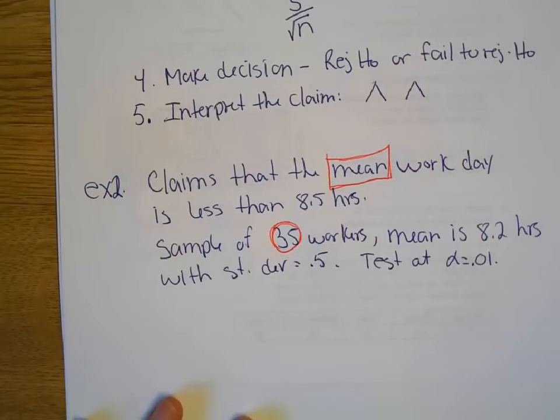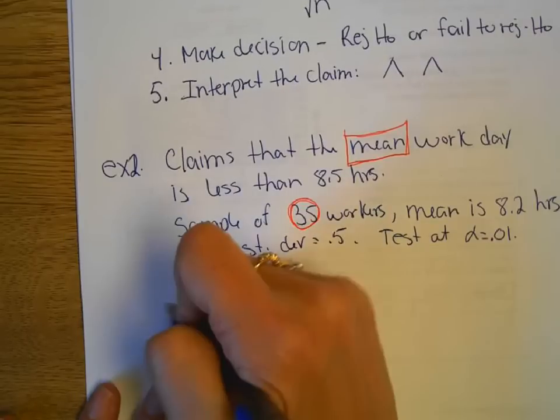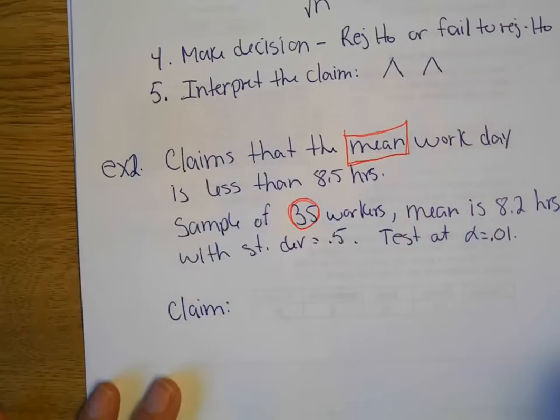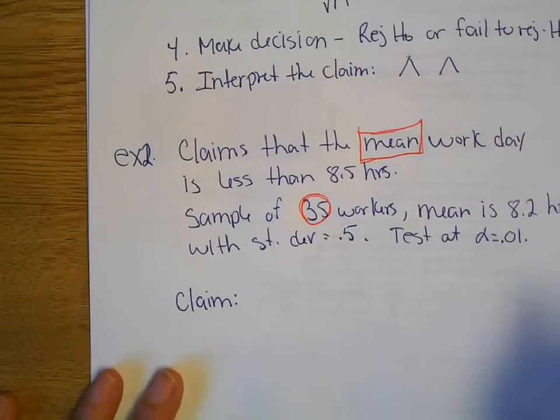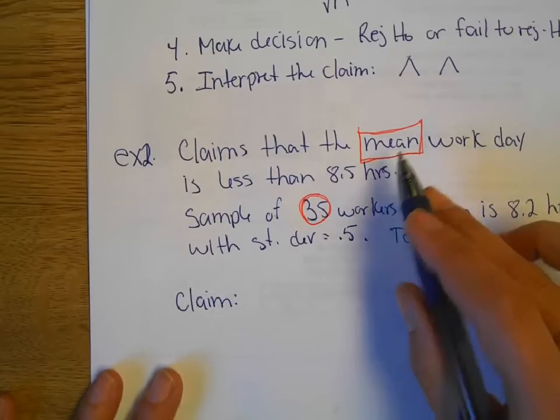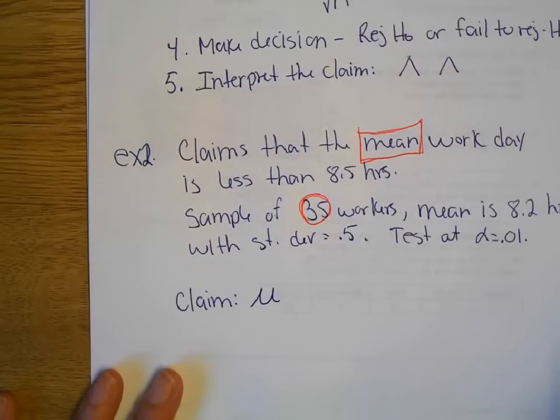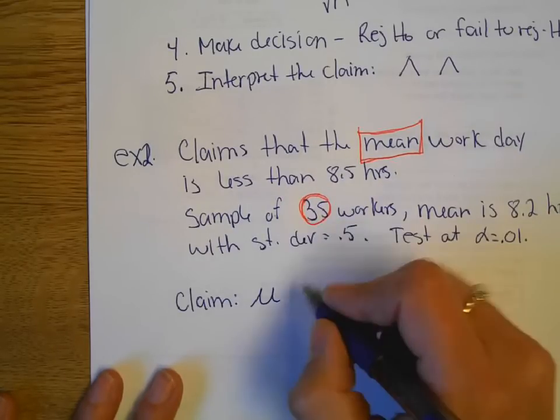Mean with 35 is big sample, so you're doing the Z section, so you'll come to this section on your note card. So, we're going to write the word claim out and say what the claim is, using symbols. His claim is that the mean workday for all of his employees, so mu, is less than 8.5.